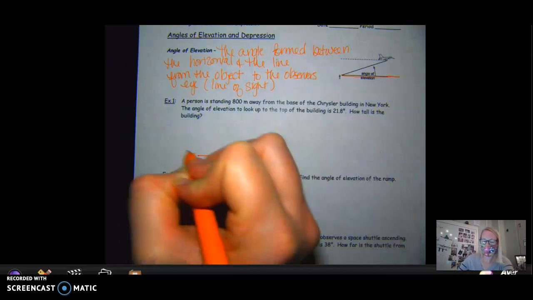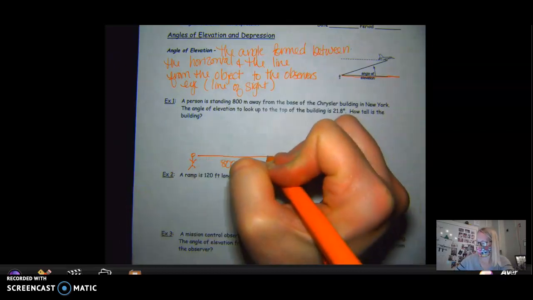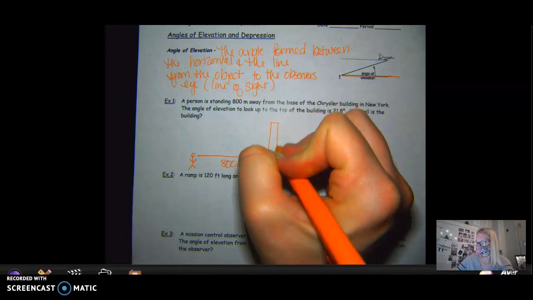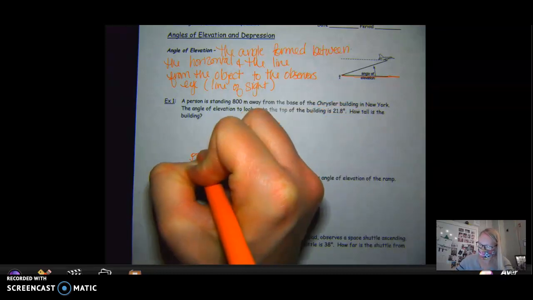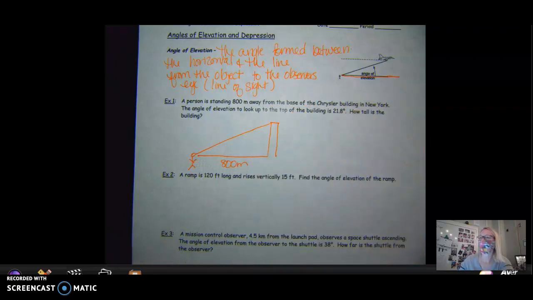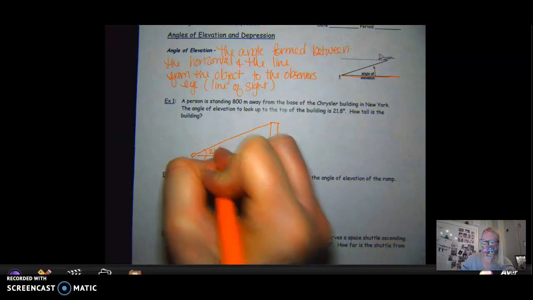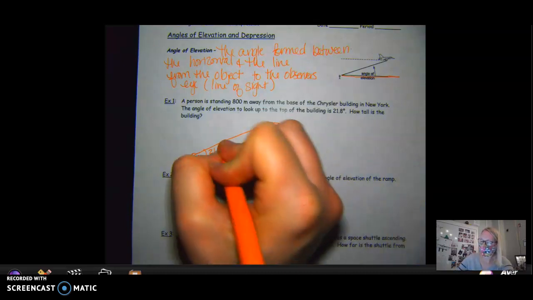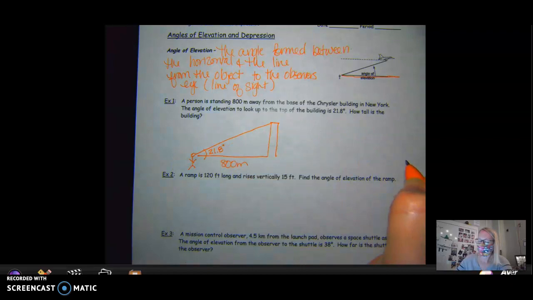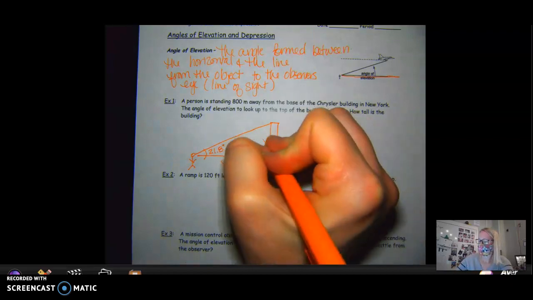The angle of elevation to look up to the top of the building, so here's the building, line of sight, is 21.8 degrees. How tall is the building?